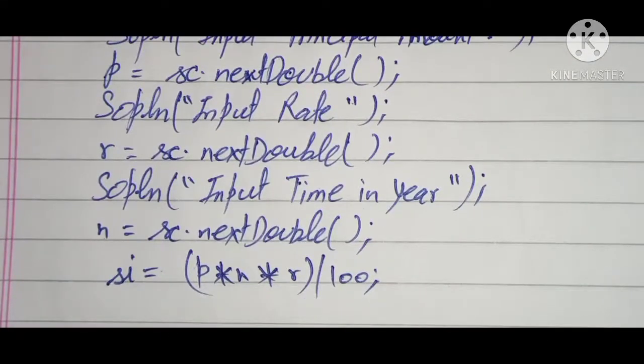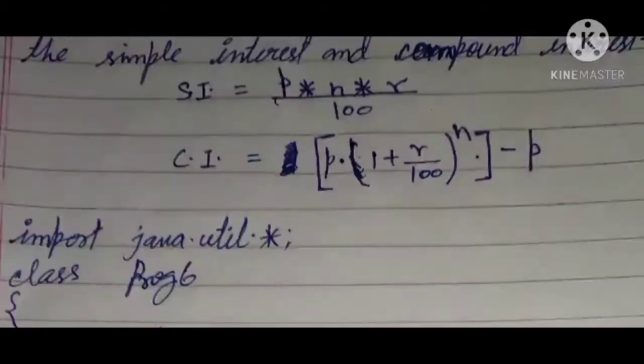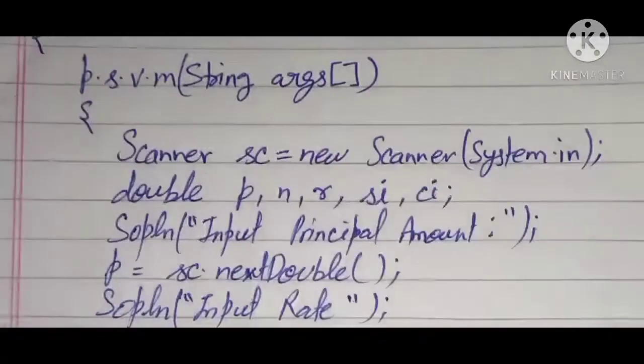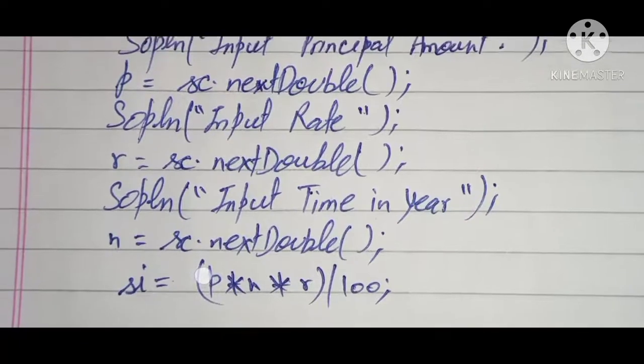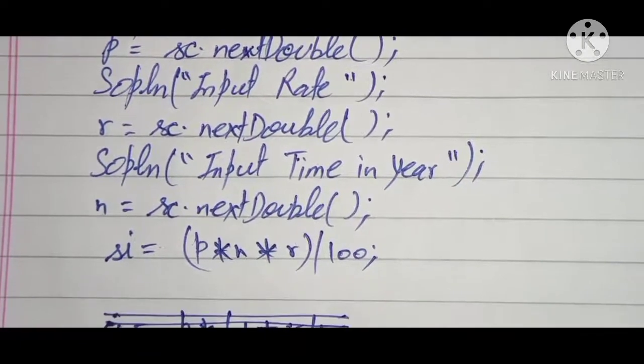Because in the formula the whole is divided by 100, that's why I have used the bracket. If you will not use the bracket, this formula will be wrong. This is the way by which we can calculate the SI.